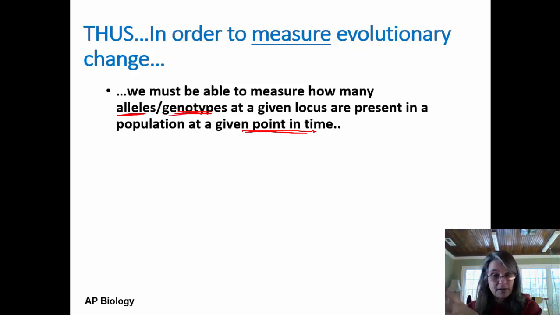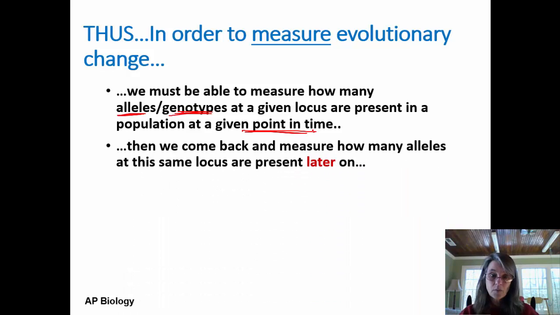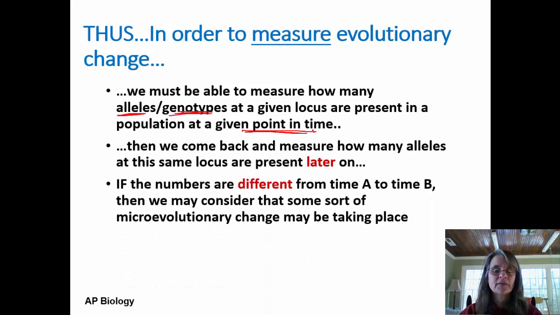How many big A big A, and big A little a, and little a little a individuals are in this population today? Okay? And then we need to be able to come back later, next year, whenever, and measure how many alleles at the same locus are present a year from now, or how many genotypes, big A's, are present a year from now in this population.